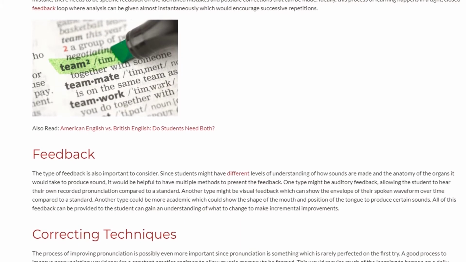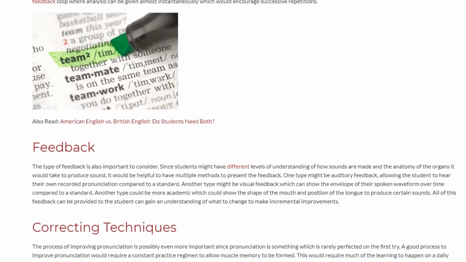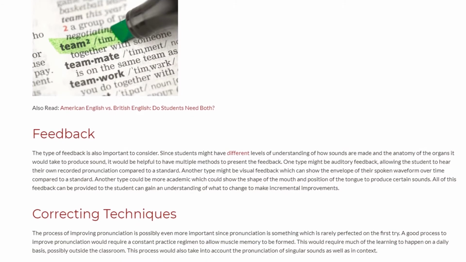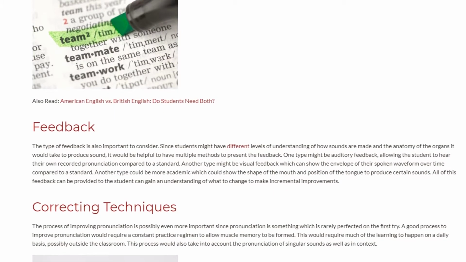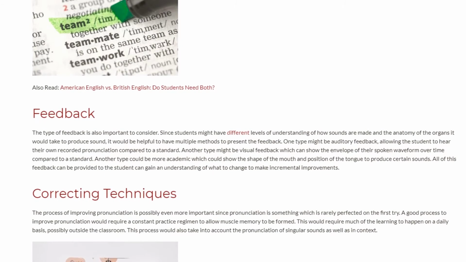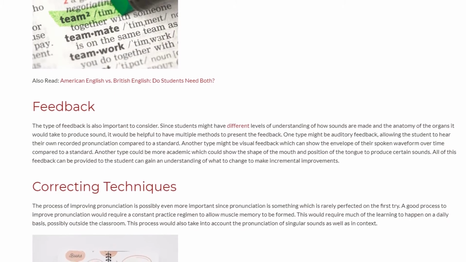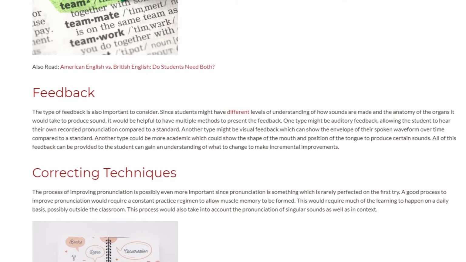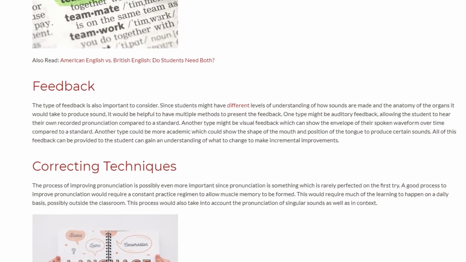Another type might be visual feedback, which can show the envelope of their spoken waveform over time compared to a standard. Another type could be more academic, which could show the shape of the mouth and position of the tongue to produce certain sounds. All of this feedback can be provided so the student can gain an understanding of what to change to make incremental improvements.